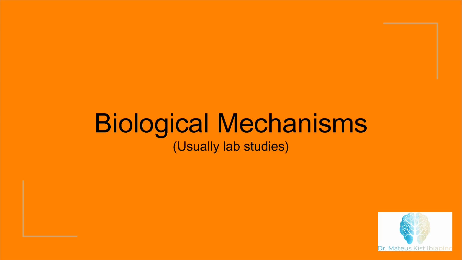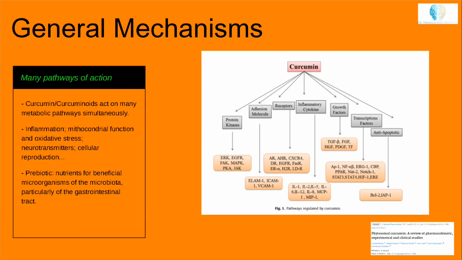Well, now let's talk a little bit about the biological mechanisms of curcumin. The information of this section is mainly from laboratory studies. Well, the general mechanisms of action of curcumin are very unspecific. Curcumin acts in many different pathways simultaneously.